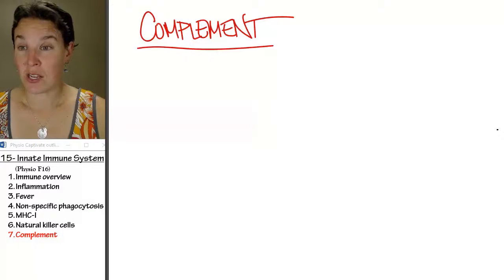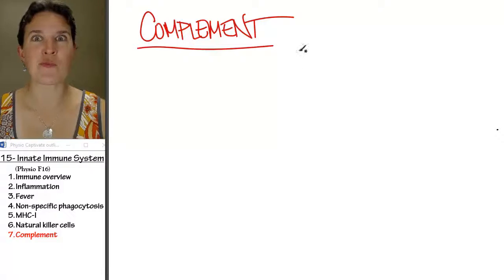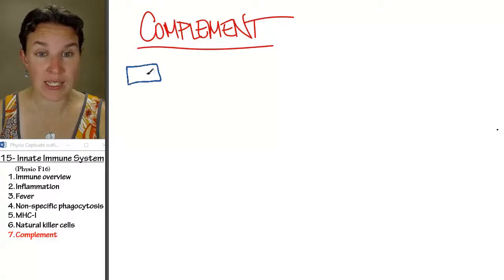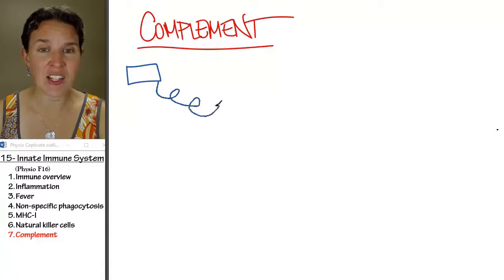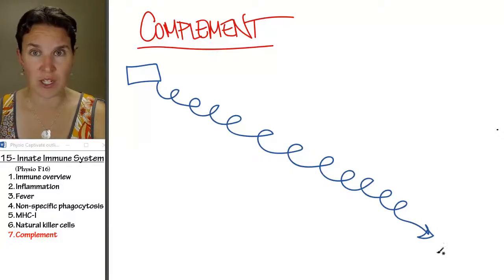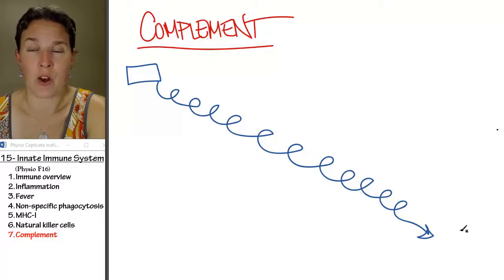I'm not talking about paying you a compliment. I'm talking about a process, a crazy process that starts with a protein, and there's actually like 25 proteins involved in this crazy cascade of chemical reactions that you do not have to know them all.